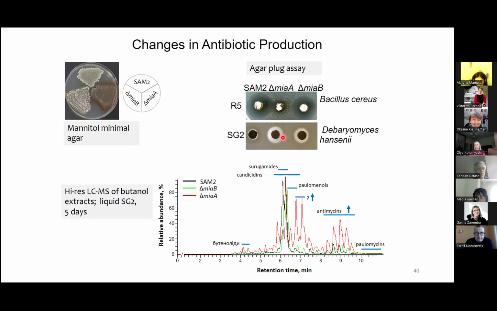Some genes go up in their transcription, some genes go down in their expression. And it's really hard to rationalize how single mutations would lead to such opposite effects. Well, I mean, we need more experiments to understand it.